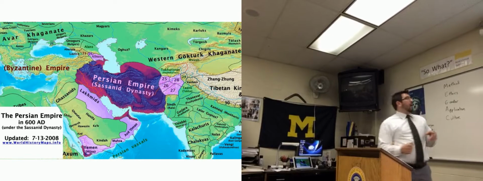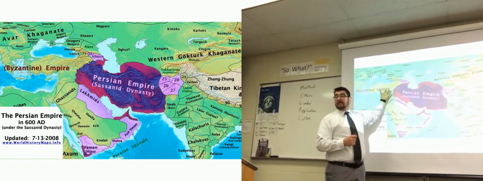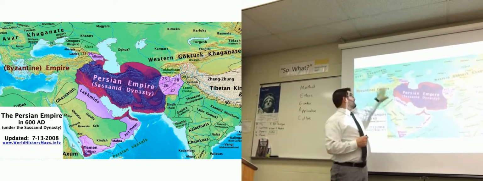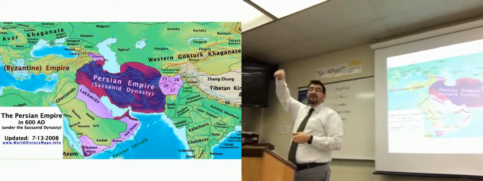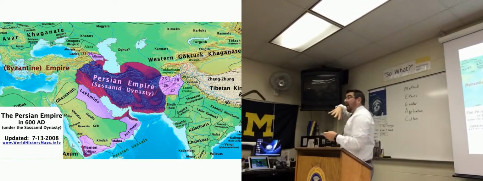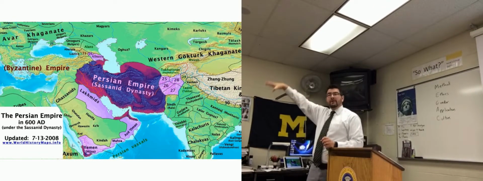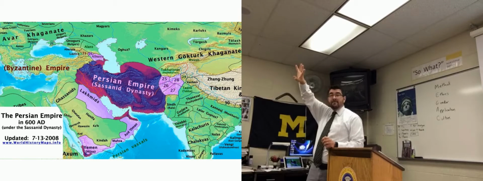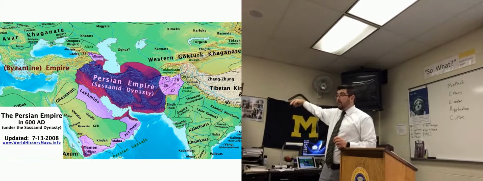The Persians will also be dealing with the rise of other civilizations next to them. First, you can see here, the Byzantine Empire. That's going to be the new name historians give the Roman Empire. When Rome falls, it's only the city of Rome that falls. And we recall earlier in Roman history, in the 4th century, the capital of the Roman Empire was moved to a new city, right?